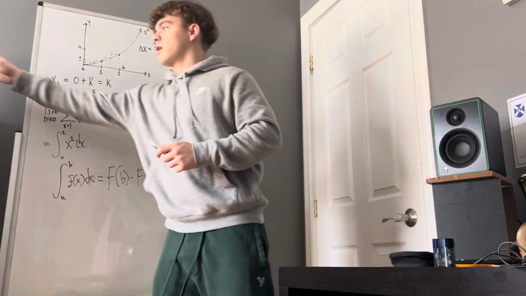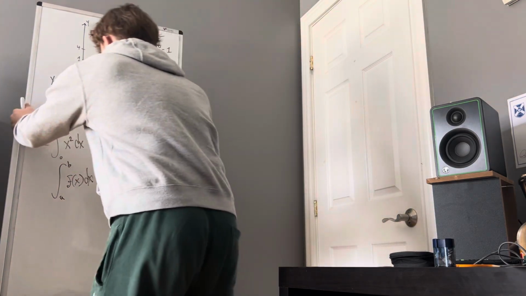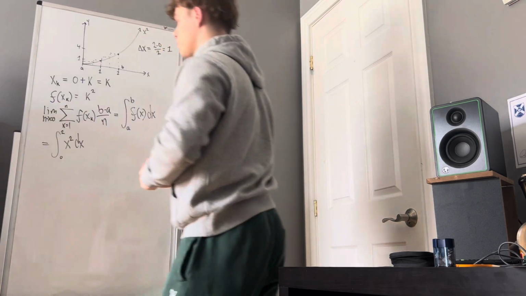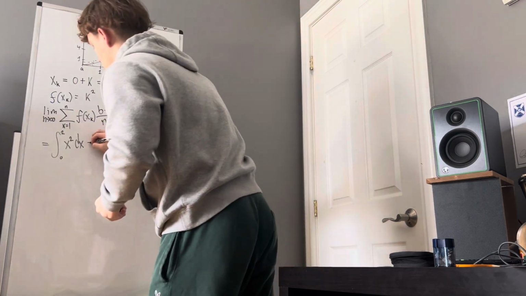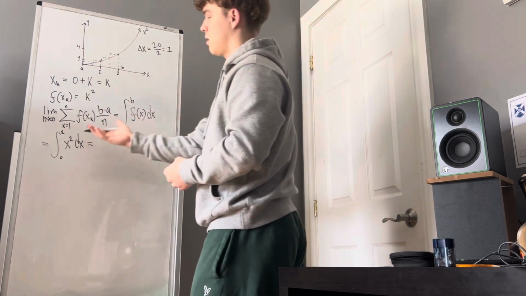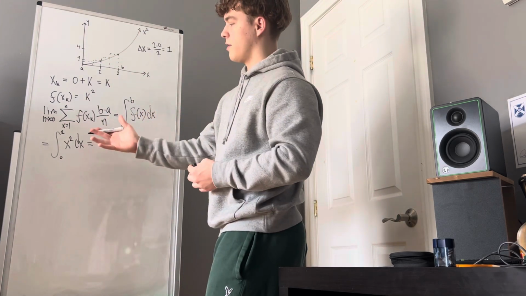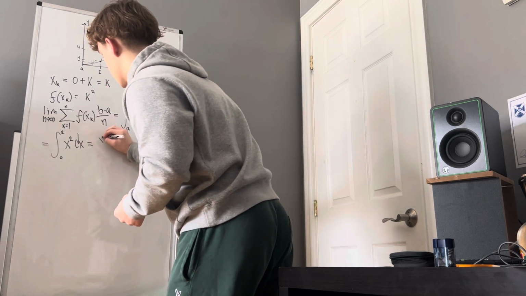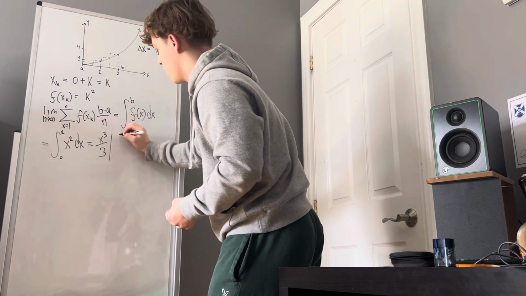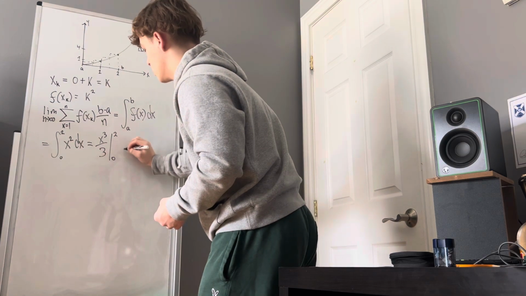So let's look at it with this again. Our elongated s, the sum, of x squared dx. The antiderivative of x squared is x to the 3 over 3. And then we're going to evaluate this from x equals 0 to 2.